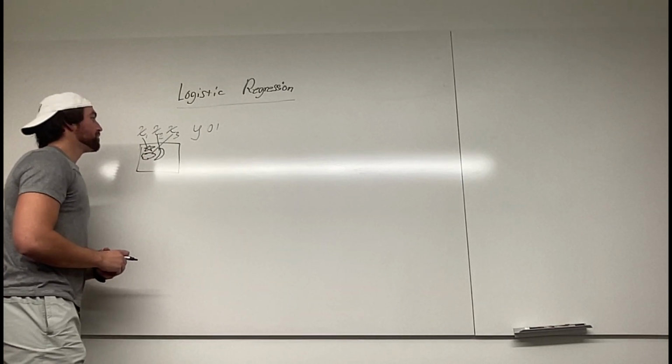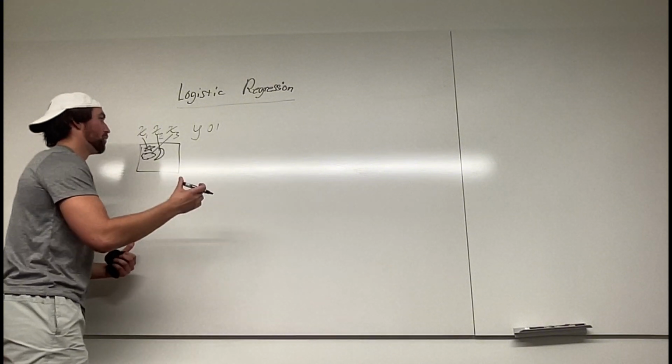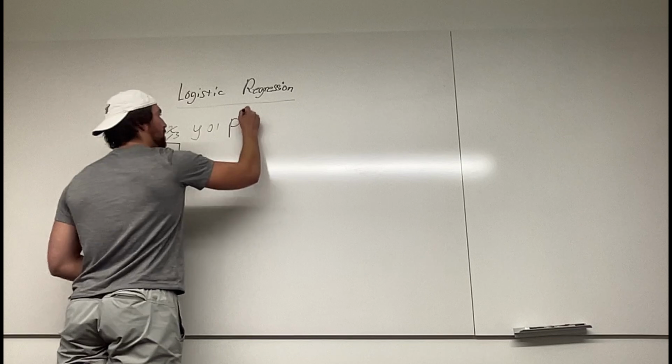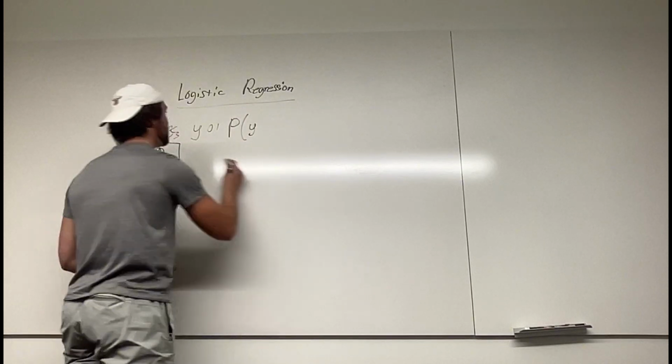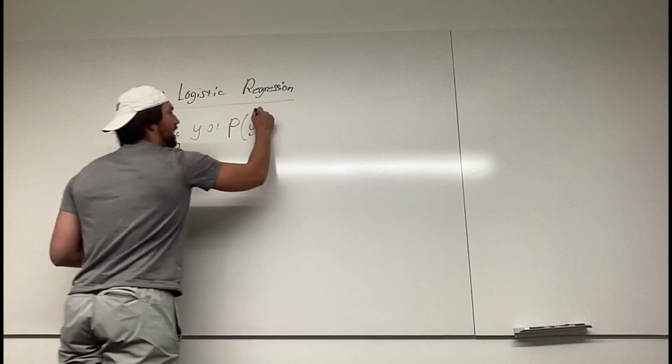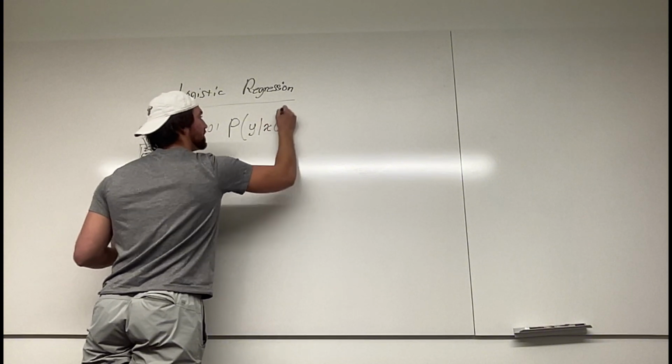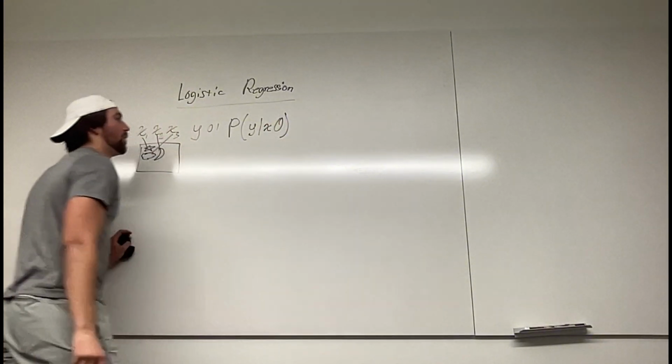Well, in this case, we really want to know the probability of seeing a beautiful night, given that we've got some values, some inputs, and some thetas. Why do we have thetas?